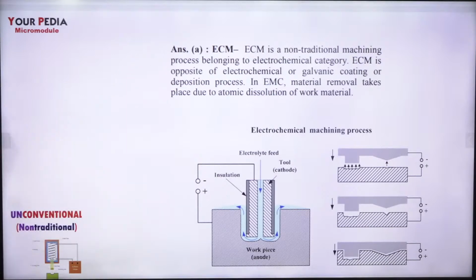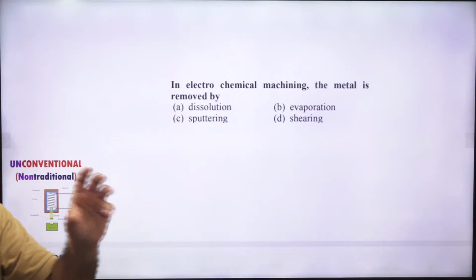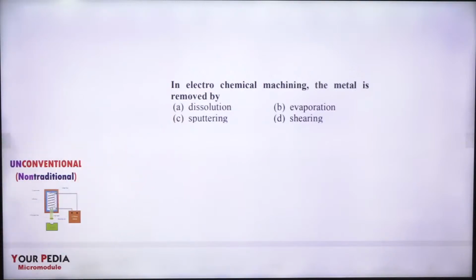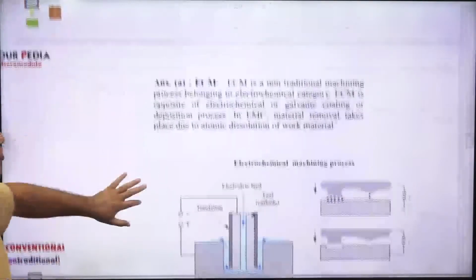It is an electrochemical form of energy, and it is opposite to electroplating. Material removal takes place because of atomic dissolution. So the answer is dissolution. The atoms, the ions will dissolve. Dissolution is the metal removal mechanism.